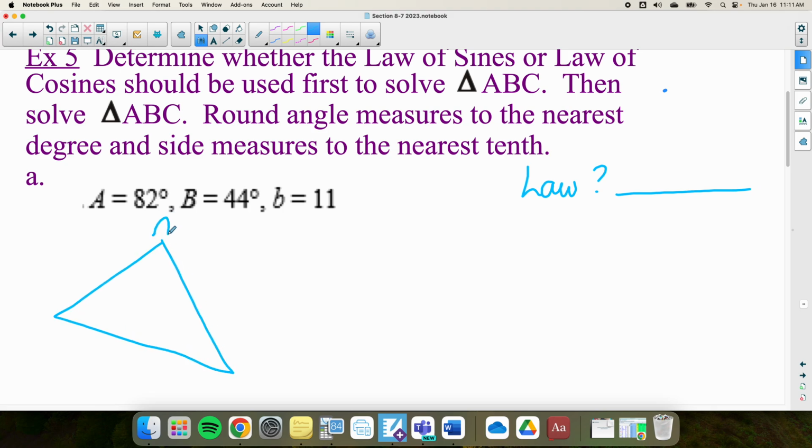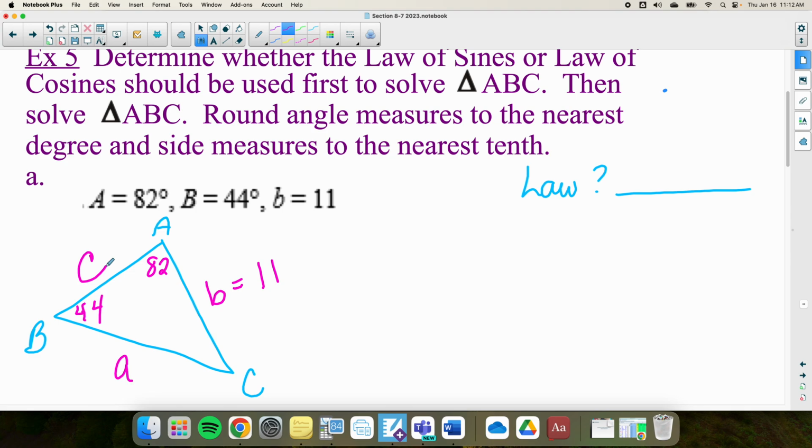So in this one, if this is A, B, C, they're telling us that angle A is 82, angle B is 44, and little b, which is right here, is 11. And then remember, this is little a, this is little c, okay? Do you see how this one has two angles?